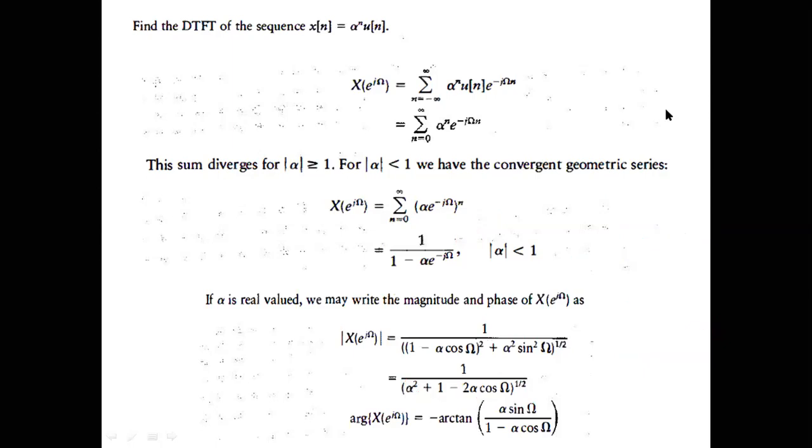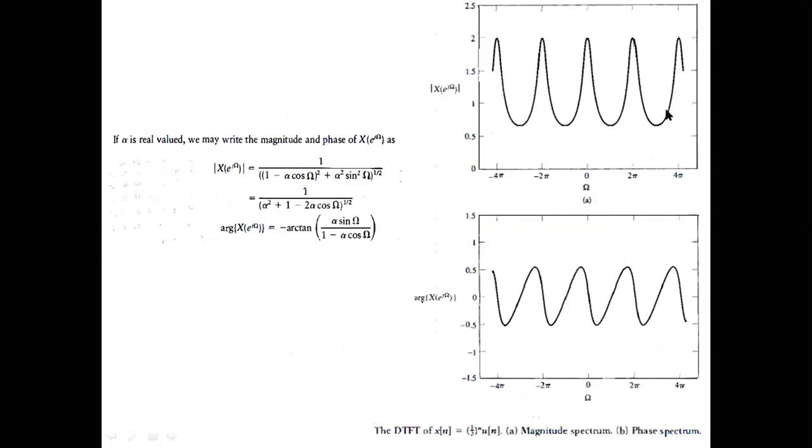Here we see the values from minus pi to plus pi. Afterwards, the same pattern just keeps repeating. You can see it's a bell shaped one. As I told you, there was an alpha square in the denominator, and compared to 2 alpha, with a minus sign here, alpha square dominated.